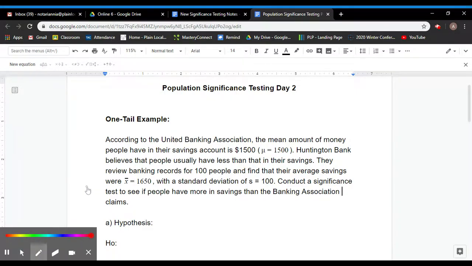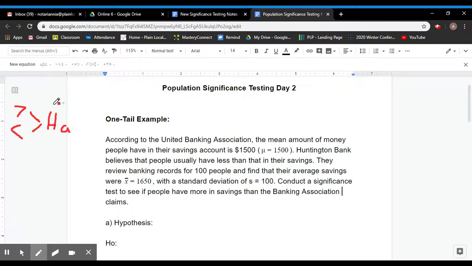So the difference between a one-tail and a two-tail: for one-tail tests, the alternative hypothesis, HA, will either be a greater than or a less than. If it's a two-tail, HA will be a does not equal.